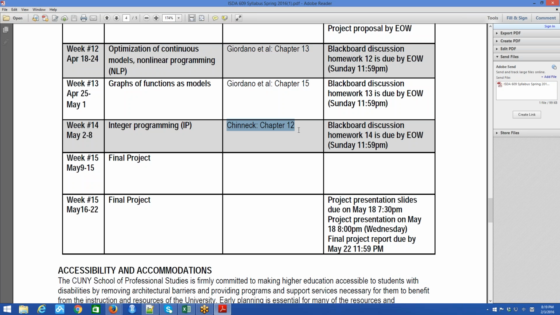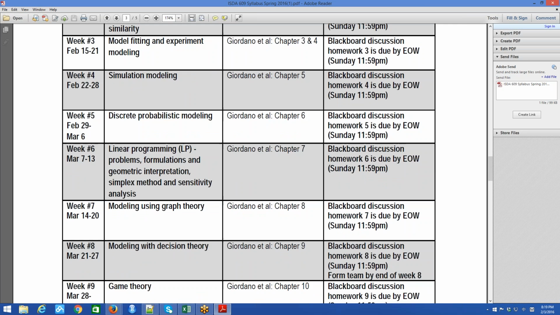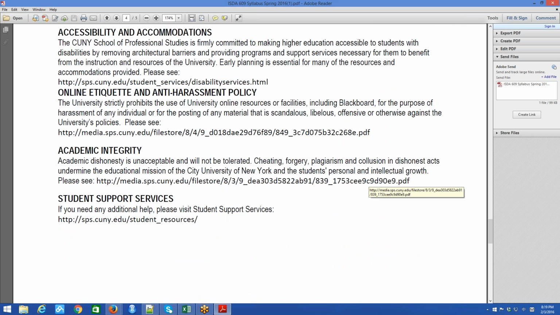Then we have week 15 and week 16 to finish the final project, even though you actually started working on the project probably 2 or 3 weeks earlier than this particular time. So that's pretty much the plan for the semester.